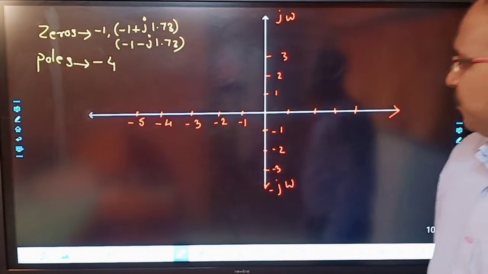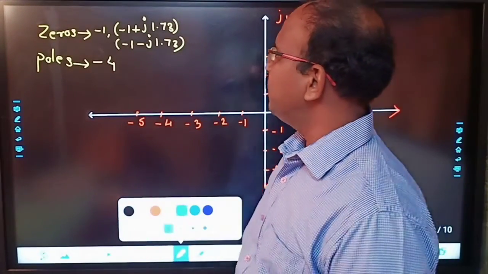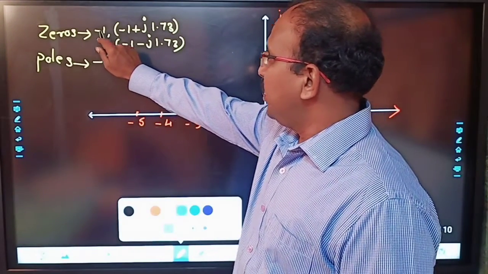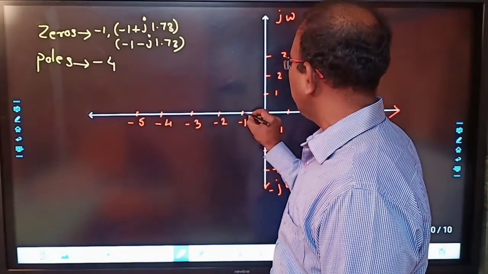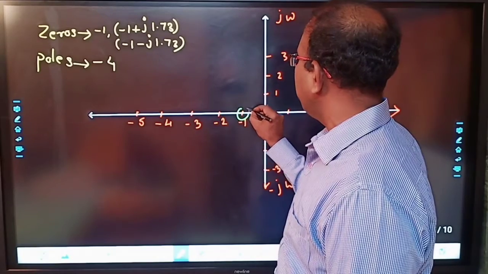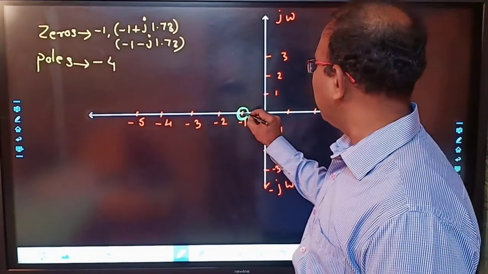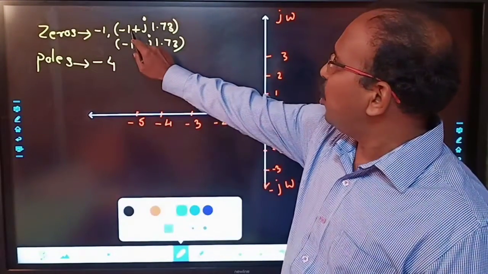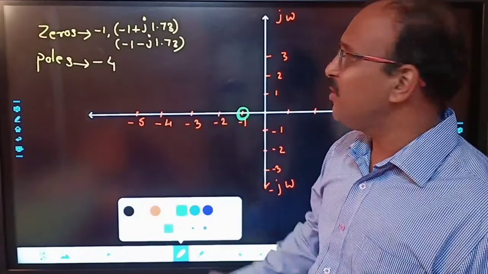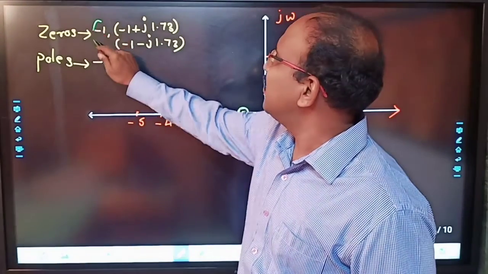So first, zeros and poles. Okay. I will write zeros. Here minus 1. Here is 1 zero. Zero is at minus 1. Okay. This is zero. Now next is what? We want complex mode. This is having j term. This is just real part.